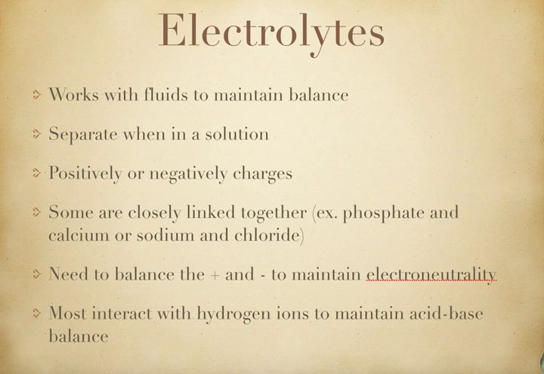Phosphate and calcium have an inverse relationship. So that means if calcium goes up, phosphate goes down, and vice versa. With electrolytes, we need to balance out the positive and the negative charges to maintain electroneutrality. And most electrolytes interact with hydrogen ions to help maintain the acid-base balance in the body.